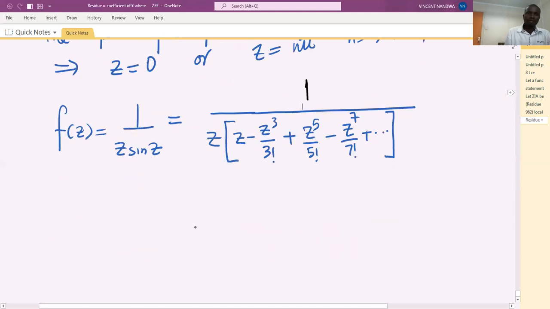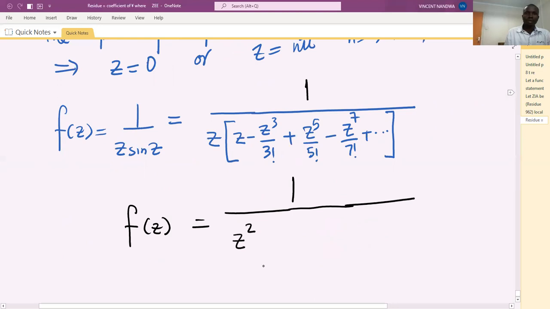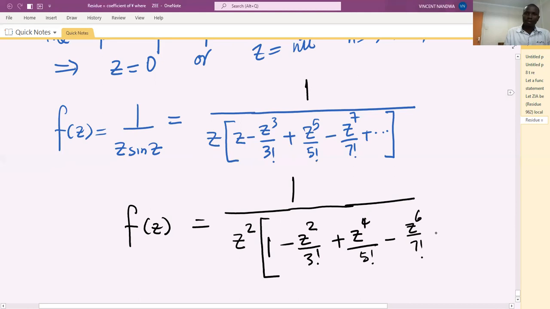Then the same function can be written as, now you see z is common here, we can factor it out. So we have 1 over z squared into 1 minus z squared over 3 factorial plus z power 4 over 5 factorial minus z power 6 over 7 factorial plus other several terms.